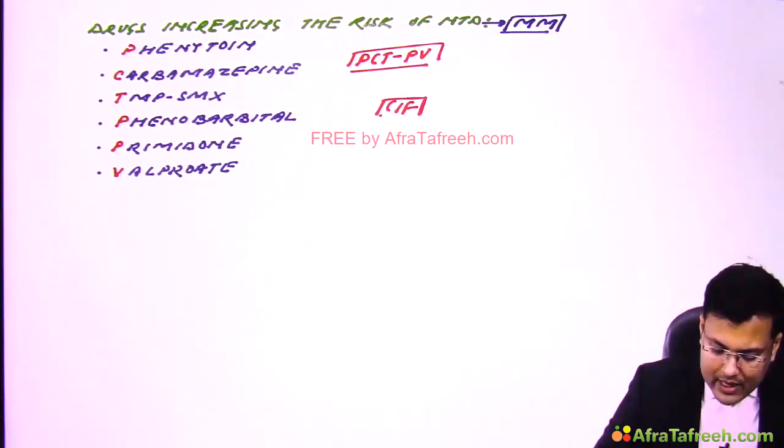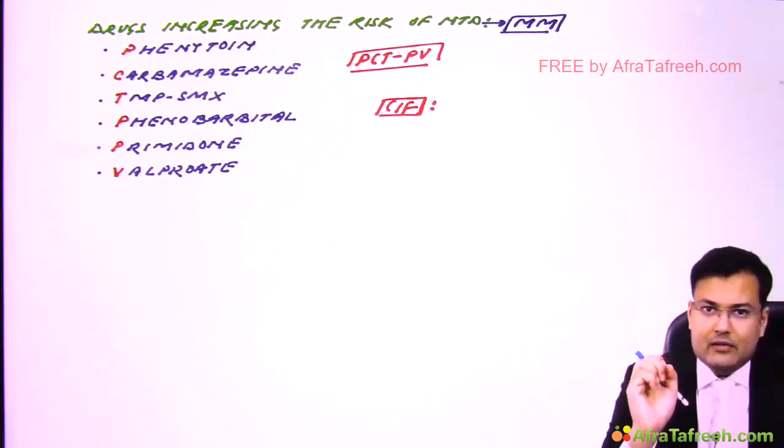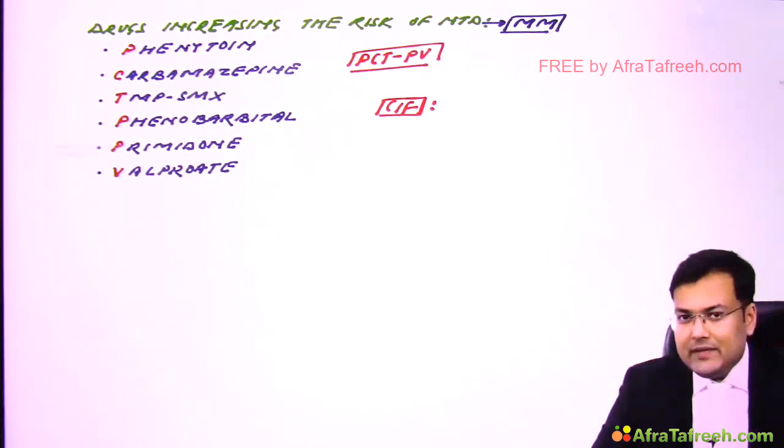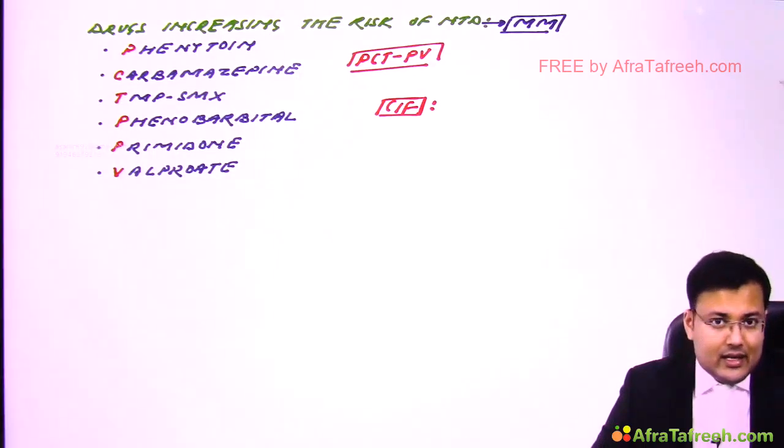Now see the clinical features. Apart from dysfunction of the central nervous system and peripheral nervous system, these patients have dysfunction of the skeleton, gastrointestinal tract and genitourinary tract.